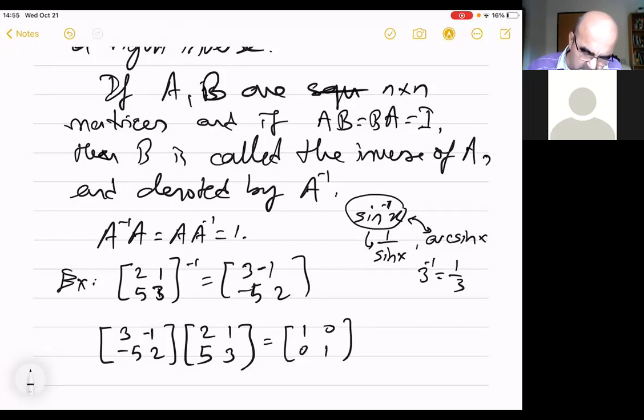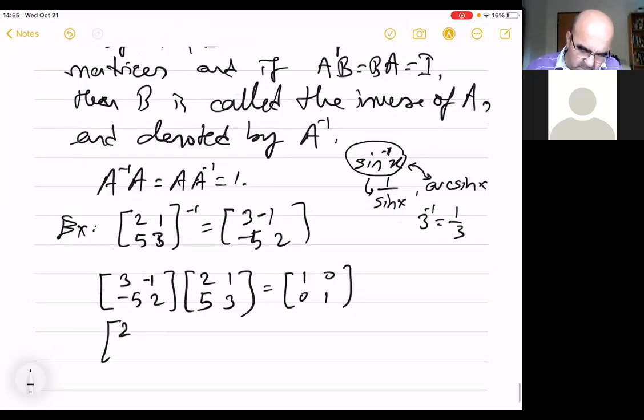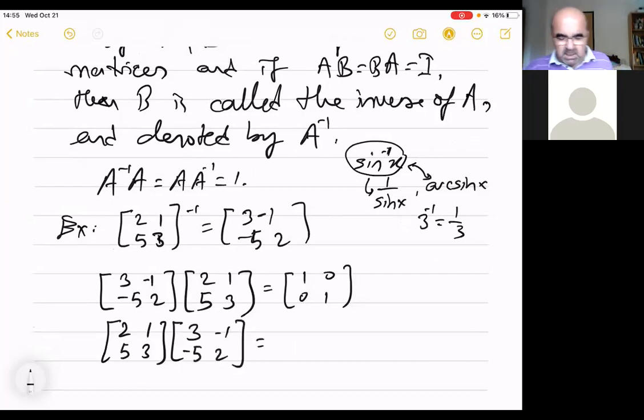And let's check from the other side. 2, 1, 5, 3. Once you find it, you need to check that it's really the inverse. Minus 5, 2. So when you multiply from this side, 6 minus 5 is 1. Minus 2 plus 2 is 0. 15 minus 15 is 0. Minus 5 plus 6 is 1.